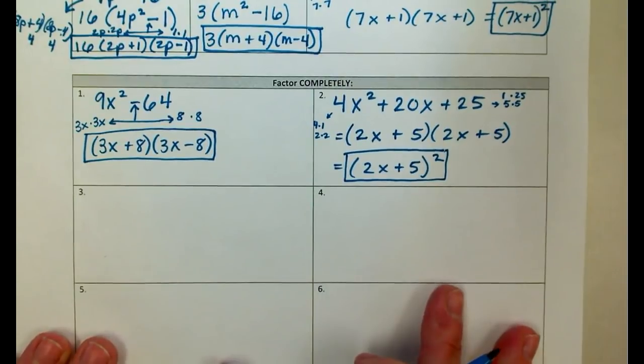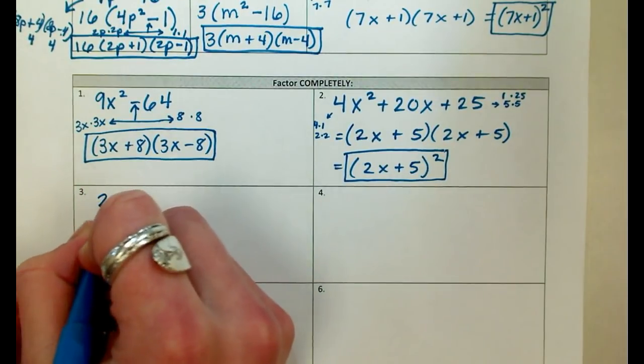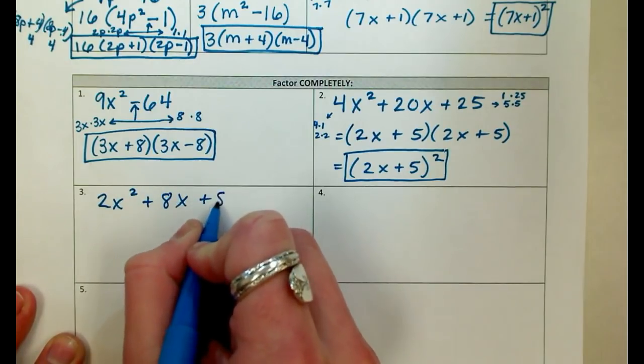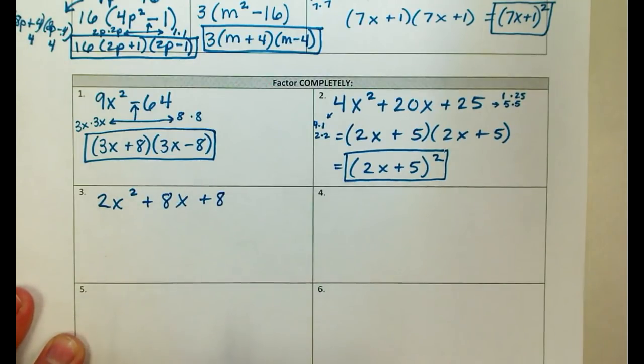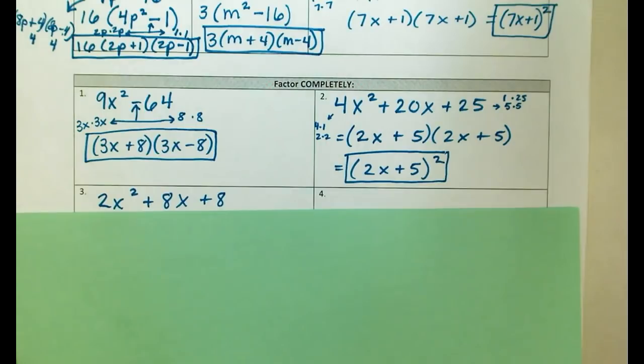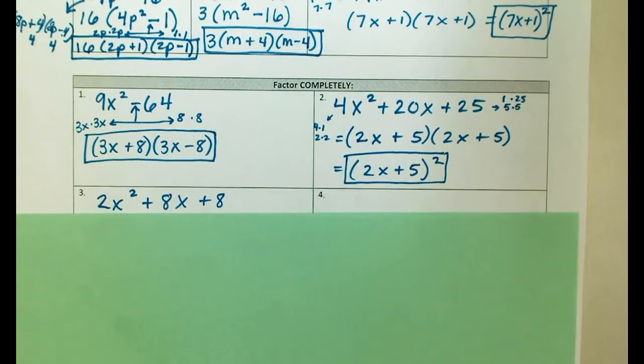Okay, number 3. 2x squared plus 8x plus 8. Don't forget to check for GCF first. Pause the video and try this one out. Alright, so noticing between my three terms that they all had a 2 in common.